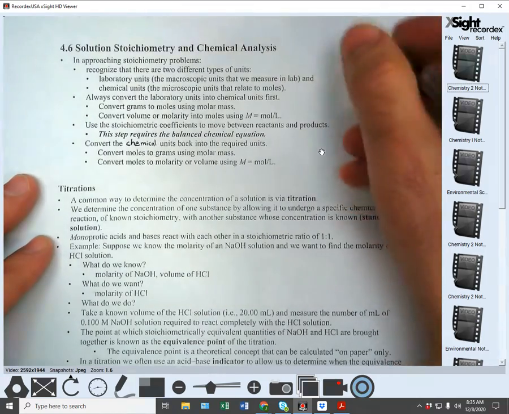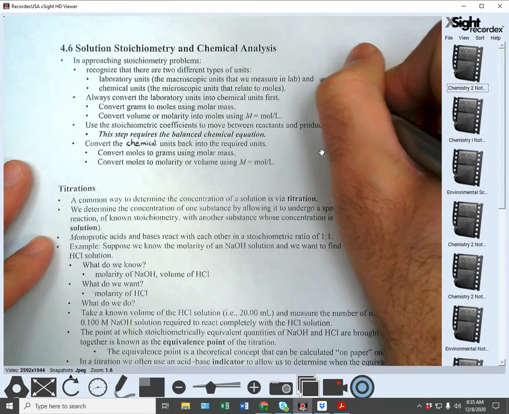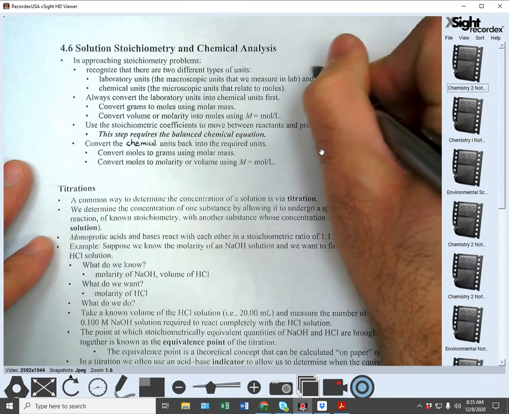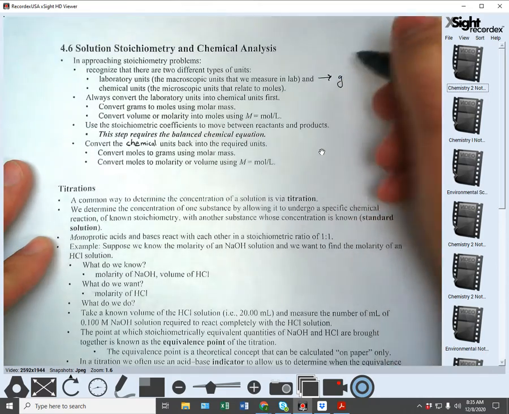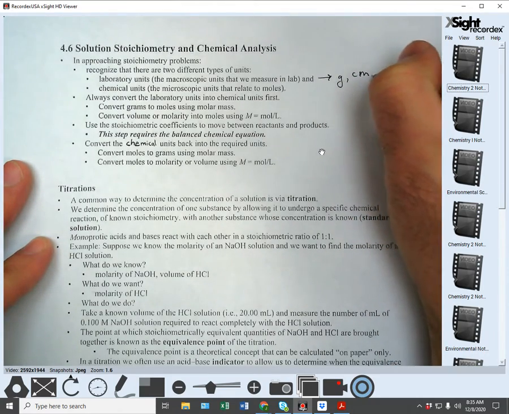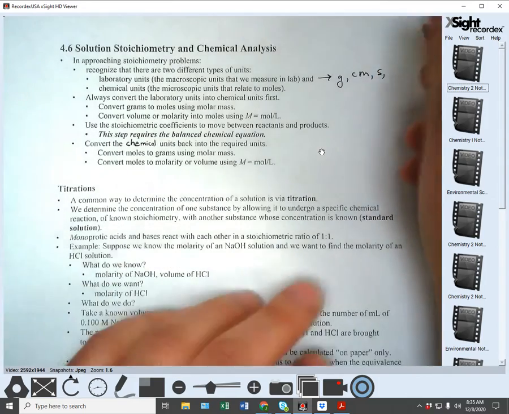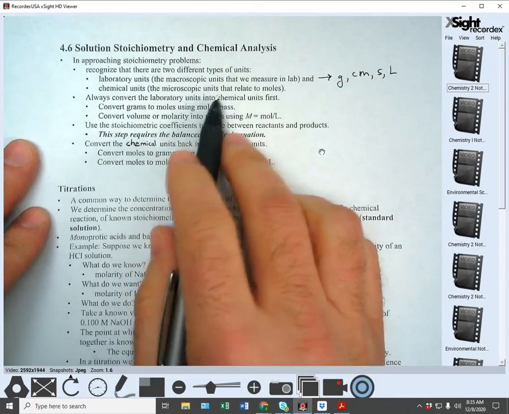So this would be like grams, centimeters, seconds, liters, stuff like that. Okay, chemical units are the microscopic units that relate to moles.